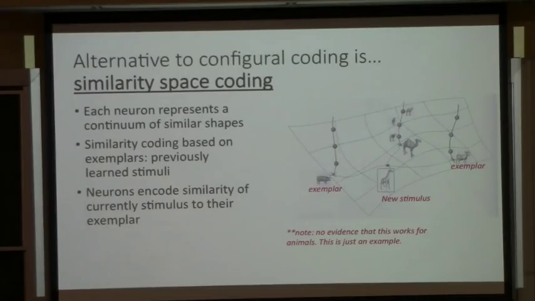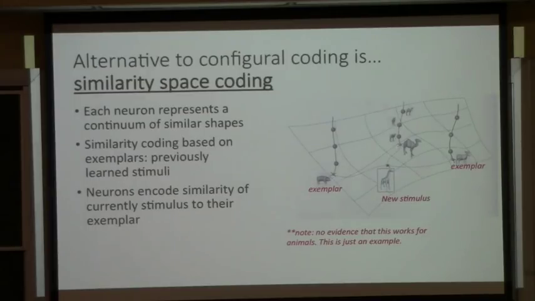The example he gives is this map on the right. The new stimulus is the giraffe, and with this theory, your other animals are the exemplars it's being compared to as similar or different.